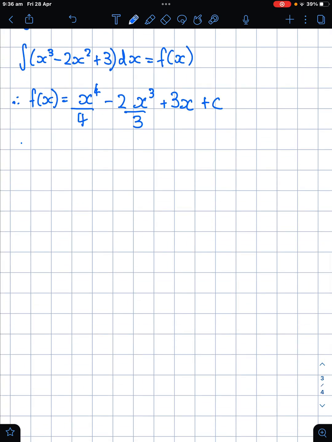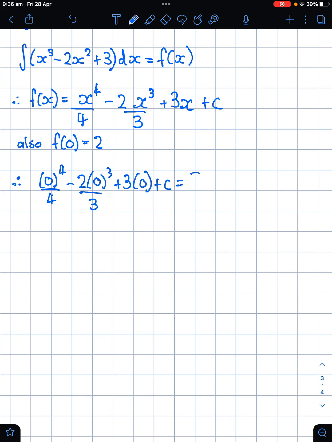We're also given f of 0 equals 2. Therefore, 0 to the power of 4 over 4 minus 2 times 0 cubed over 3 plus 3 times 0 plus c equals 2.